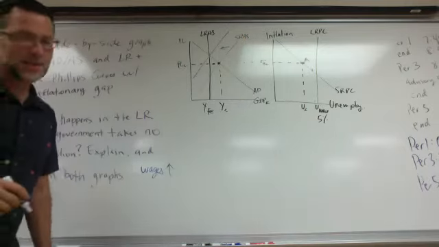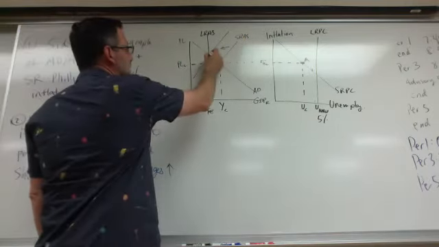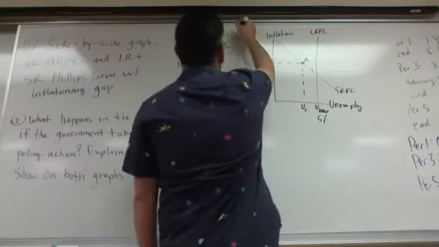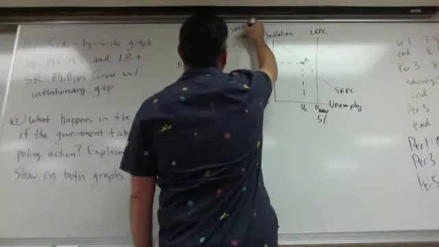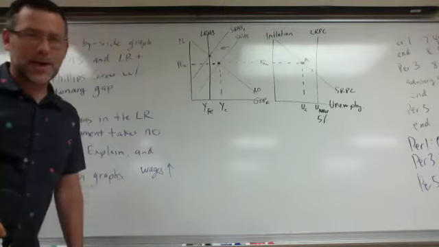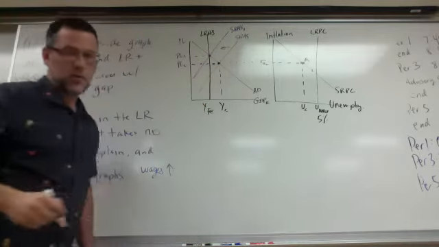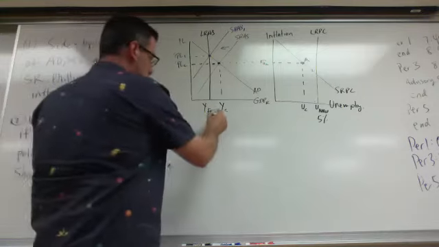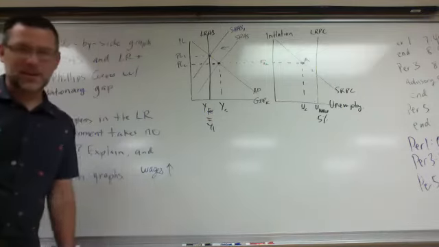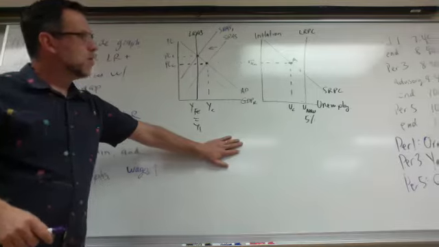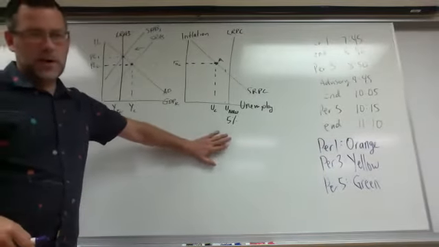Boom, look at that. Our new intersection point on my long-run curve. Beautiful. Label my new line. There's my new price. My output is at the full employment level. So what do we do over here?